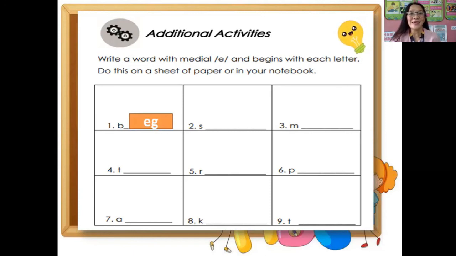It has E sound, or the word has medial E. Number 2, we have set. It has a medial sound E. Number 3, the word is man. It has a medial sound E. Now, you continue answering up to number 9.